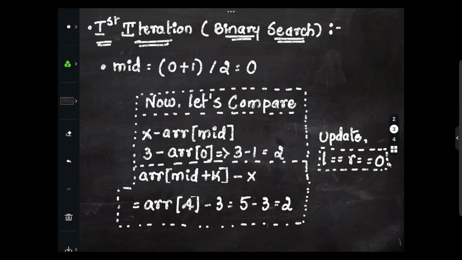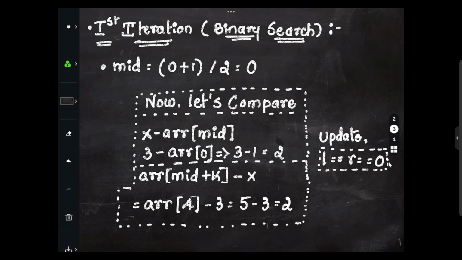We are performing the binary search over n minus k window positions, plus k elements. So quite obviously it would be big O of log of n minus k, plus k. Let's discuss the complexities part later.